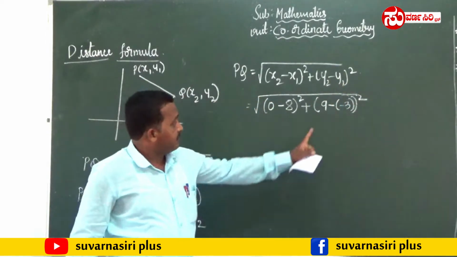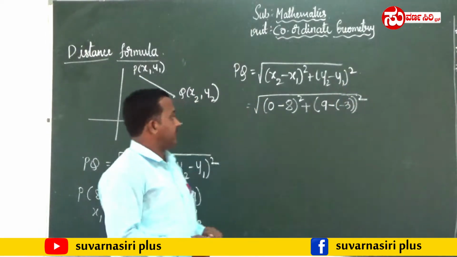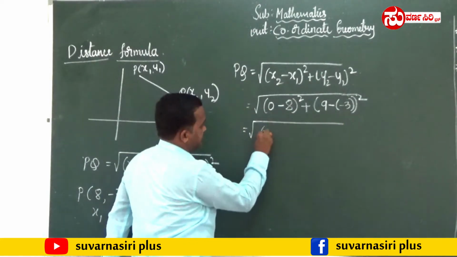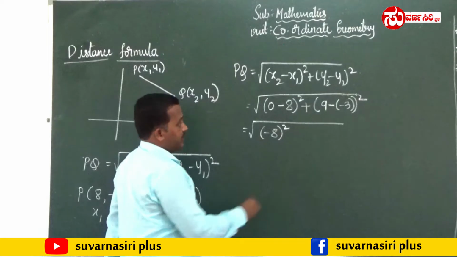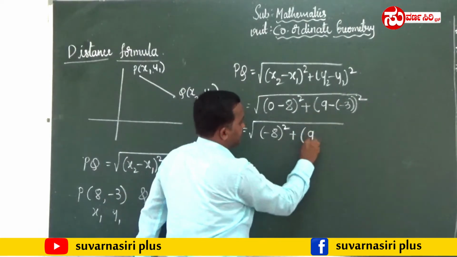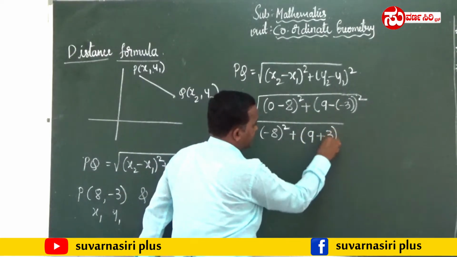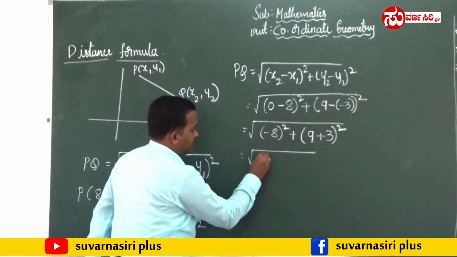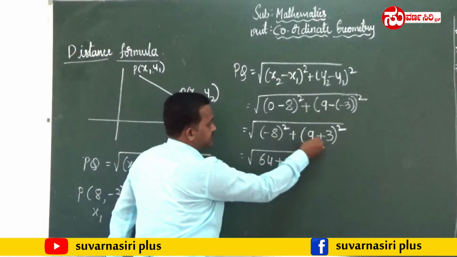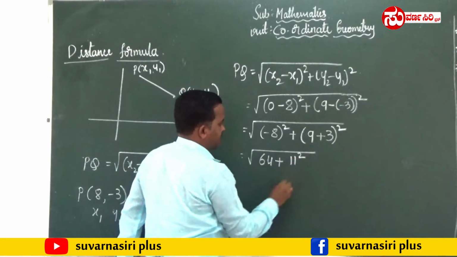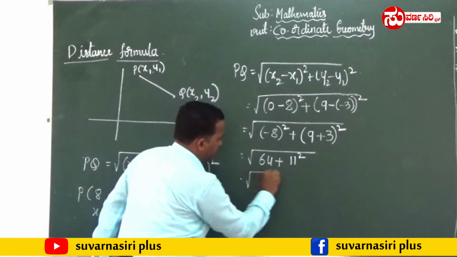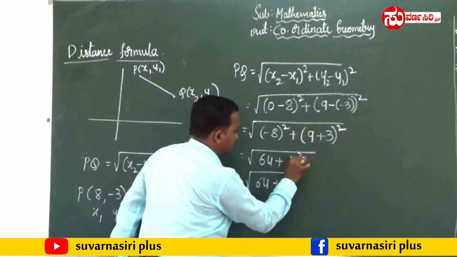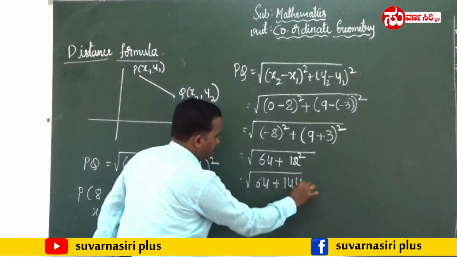Whenever we have minus values, we should be very careful. Now simplify: 0 minus 8 is minus 8 whole square, plus simplified inside the bracket, 9 minus 3 is 6... Take up the values: minus 8 whole square is 64 plus 9 plus 3 that is 12 square, that is 144.